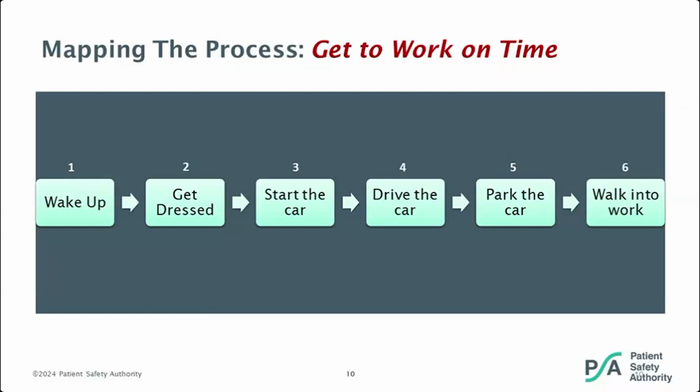I'm going to wake up, get dressed, start the car, drive the car, park the car, walk into work, right? So this gives us a high level understanding of the big steps that took you to get there. It's an everyday example of what we would call high level mapping, but it lends questions.